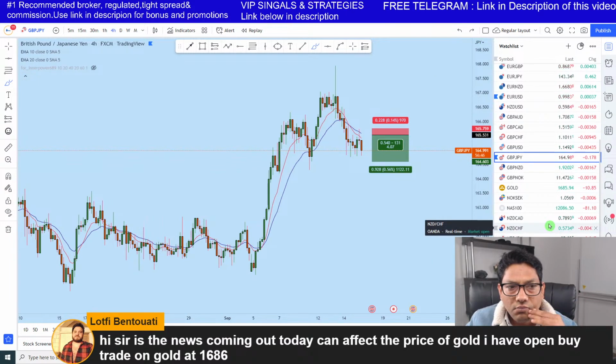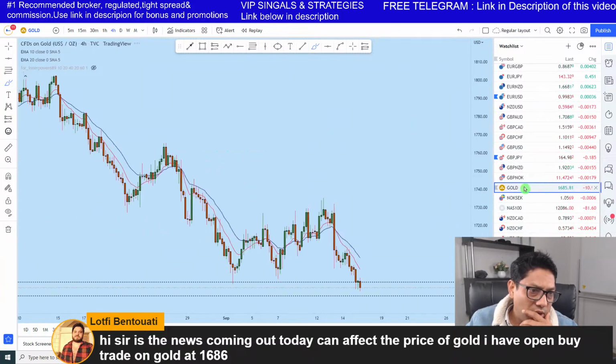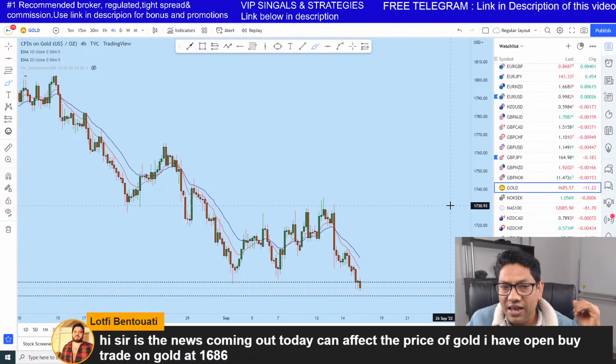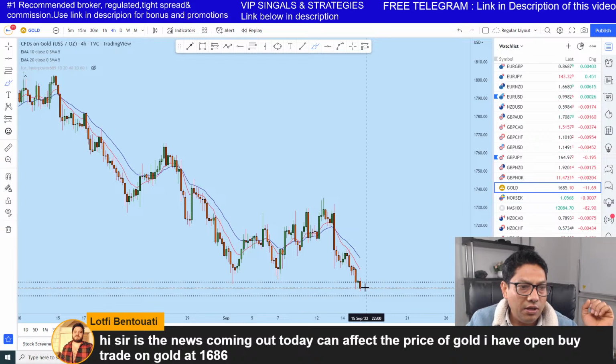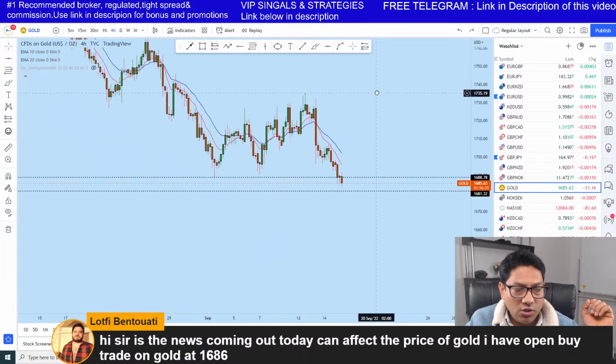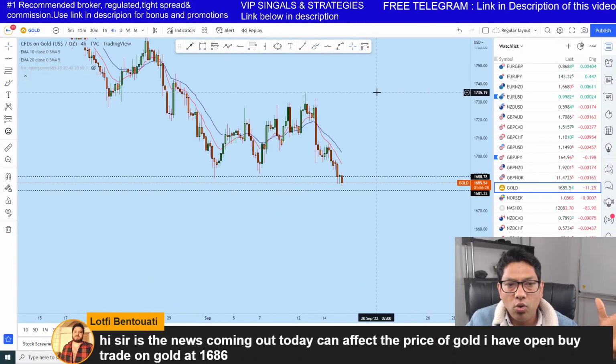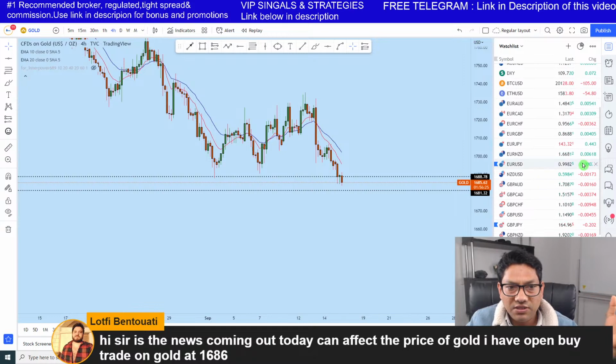So I will not recommend buying gold at this point, because as I tell you, buy lower low, sell higher high. But as I told you, anything could happen. You could see an immediate reversal like that. So normally, as a rule of thumb, sell the lower low, buy the higher high. That's the rule of thumb.